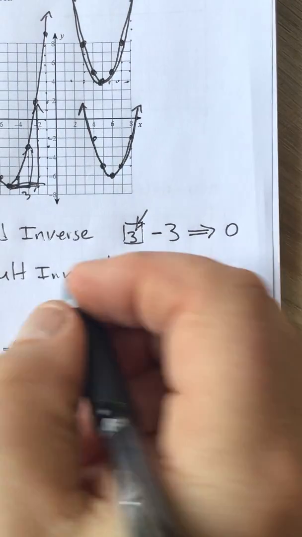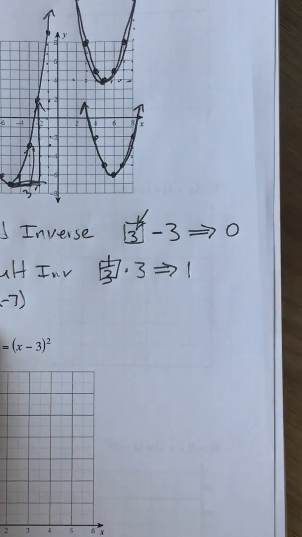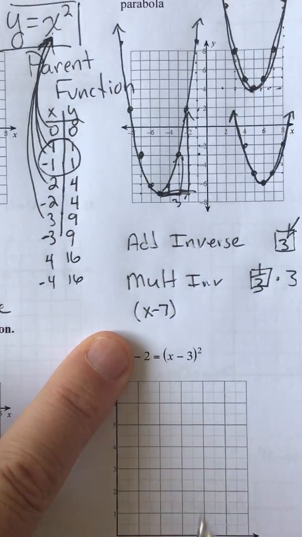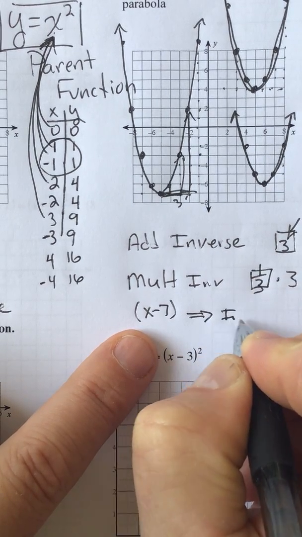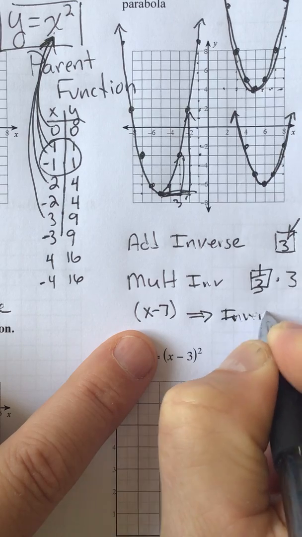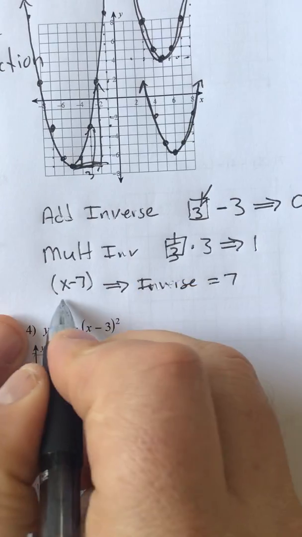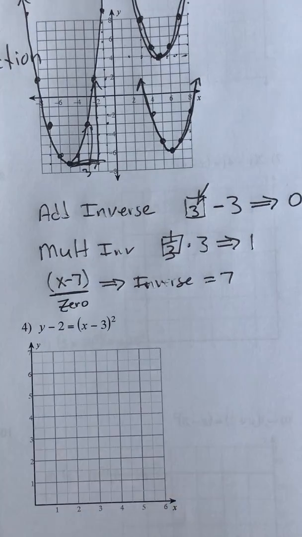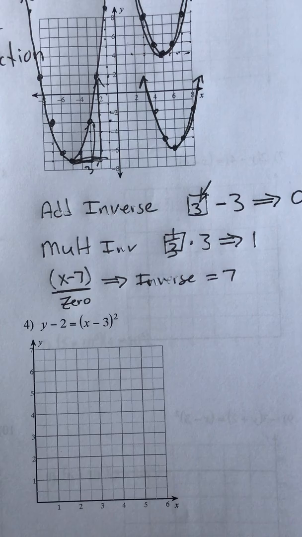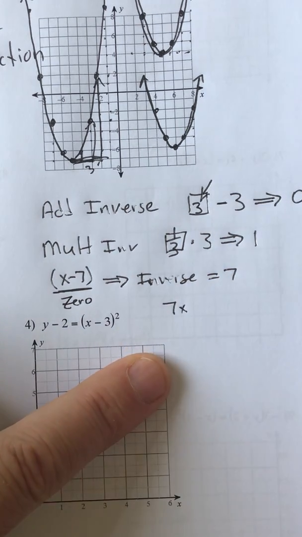Okay, so we're going to have things like x minus 7. That means the inverse of that is 7, because we're forcing this to be 0. And there will be other times when we have something like 7x.